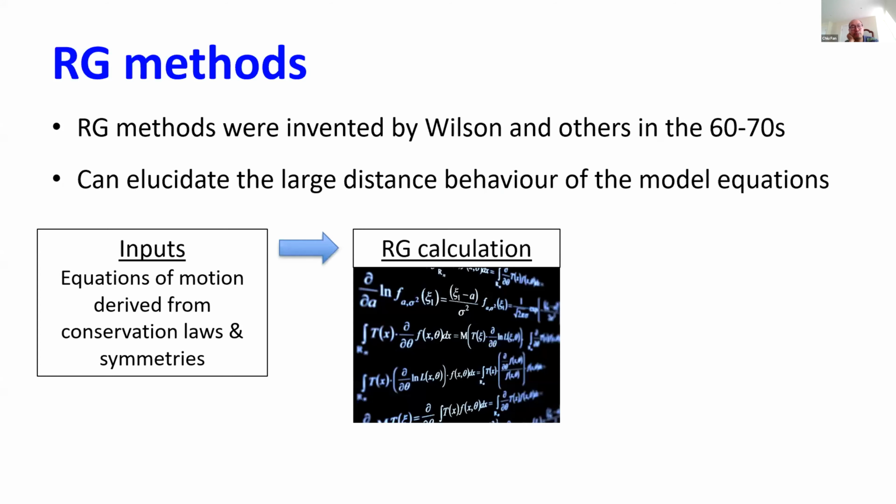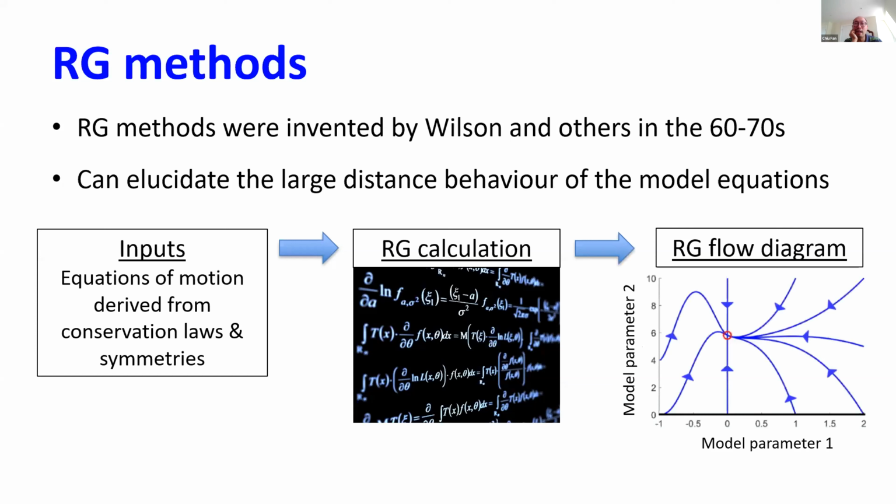So that would be the input. And then you start the calculations, which is basically a mechanical calculation, although the calculation itself can be very involved. But you turn the crank, and then your outcome is typically something called an RG flow diagram shown here.